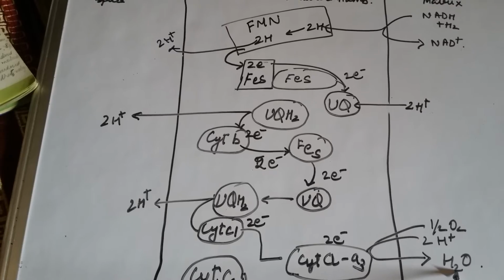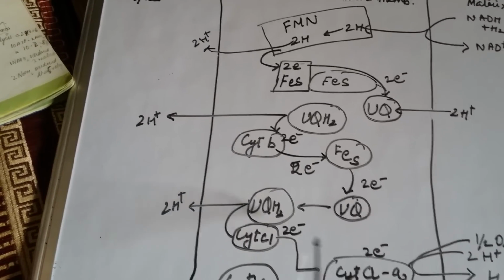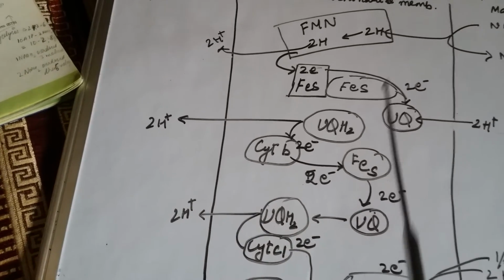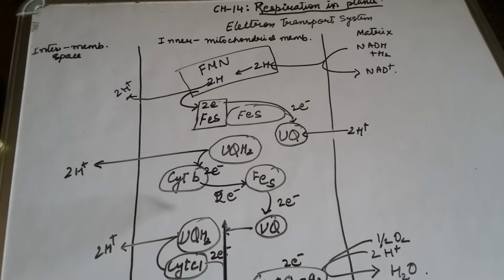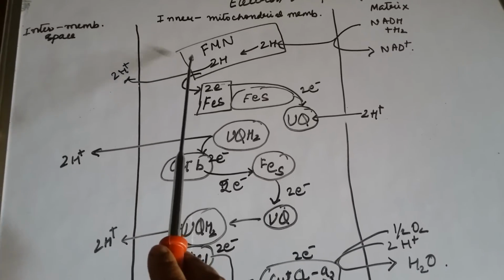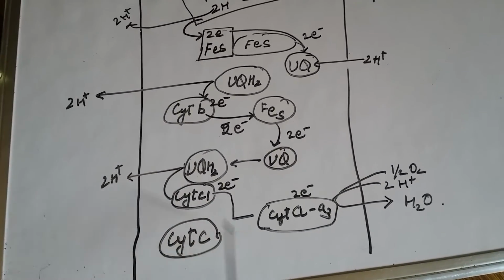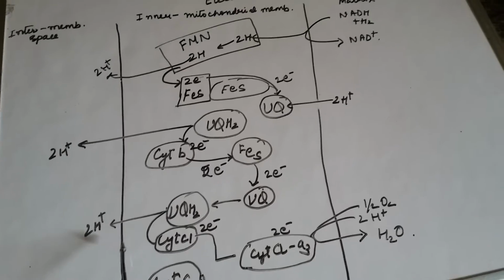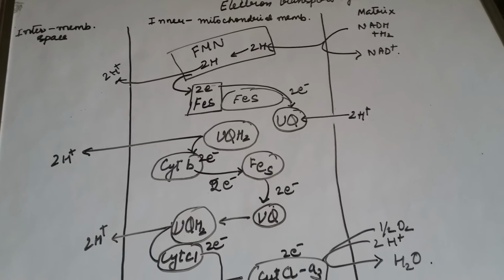This metabolic pathway through which the electrons are passed on from one carrier to another carrier is called the electron transport system, and it is accomplished by 4 complexes: 1, 2, 3 and 4. These are the 4 complexes by which the process of electron transport is accomplished.